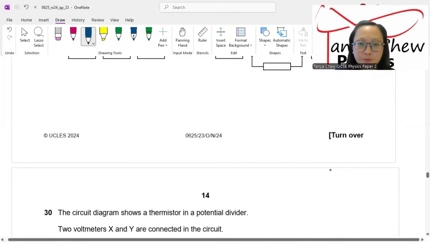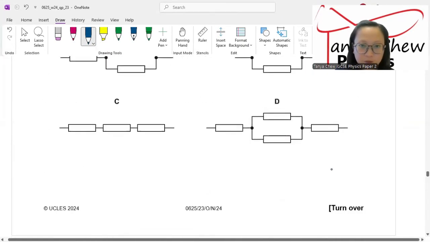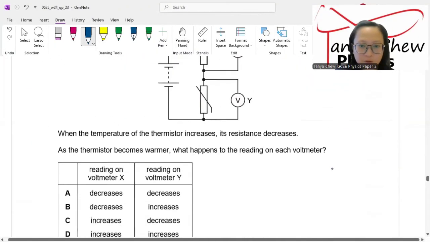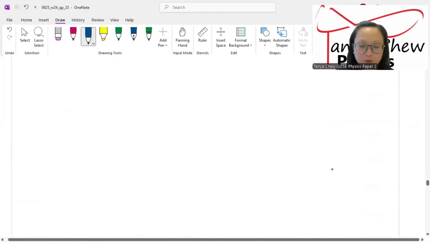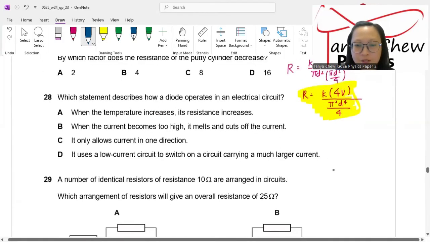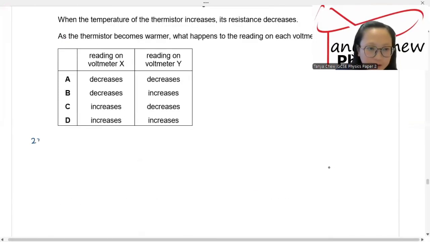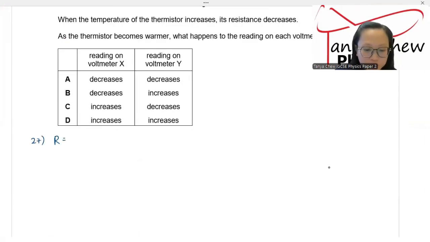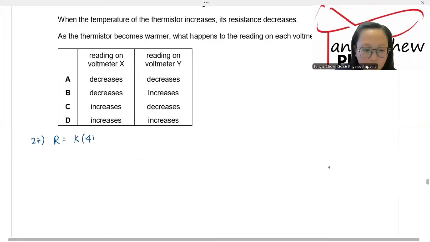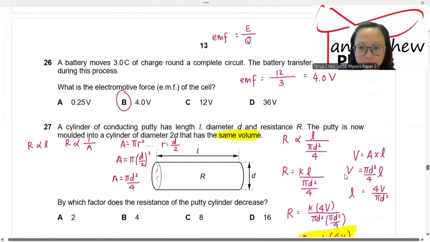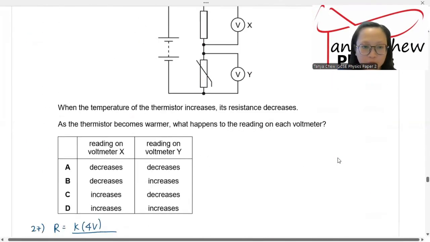So I'm going to copy it down right here. R is equal to K times 4V over pi squared D to the power of 4 over 4.